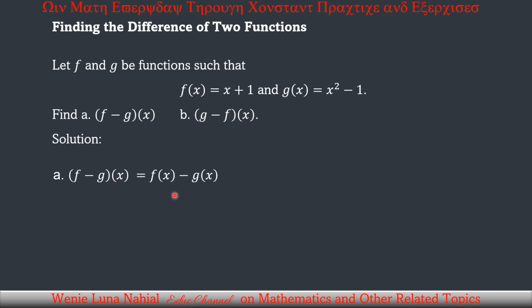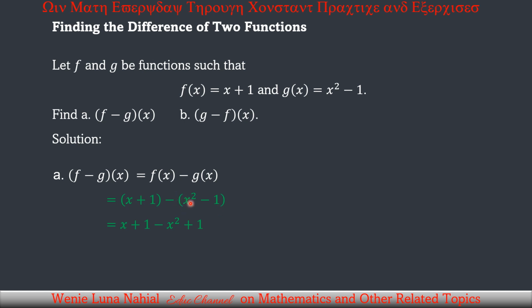So for the solution, we have here f minus g of x equals f of x minus g of x. Again, you substitute f of x by x plus 1 and g of x by x squared minus 1. Now, for x plus 1, you can automatically get the parentheses out. But in here, the negative is to be distributed to the quantity.